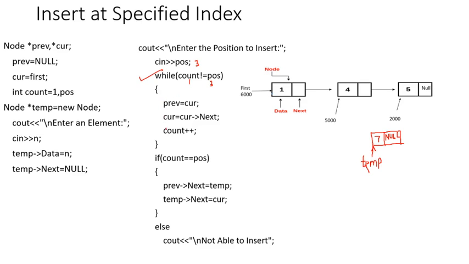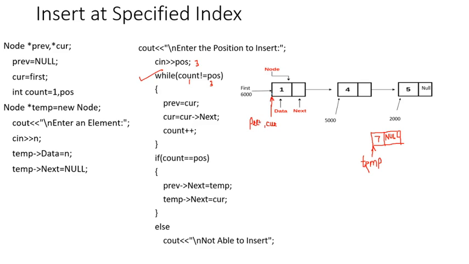Here we are moving the prev and the current pointers. We initialized current to this location, so current is pointing to this node. That value we assign to prev, which was initialized to null.